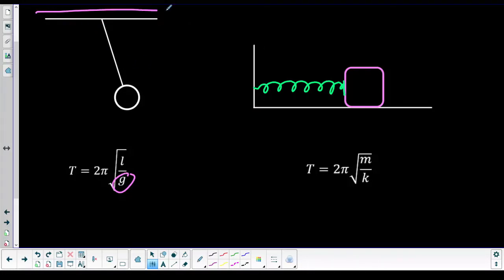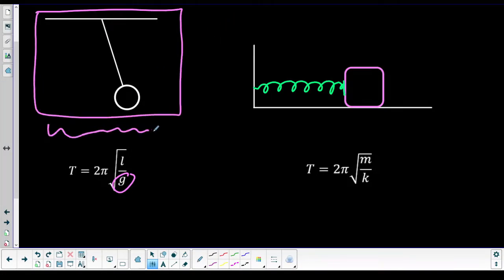If this pendulum were inside a rocket ship, those are really bad flames. All right. And then this whole thing is accelerating up. Because you're accelerating up and you have the force of gravity pulling you down, this pendulum, if I were in a closed box and I couldn't see out and I didn't know I was in a rocket ship, it would feel like this thing is heavier than normal.